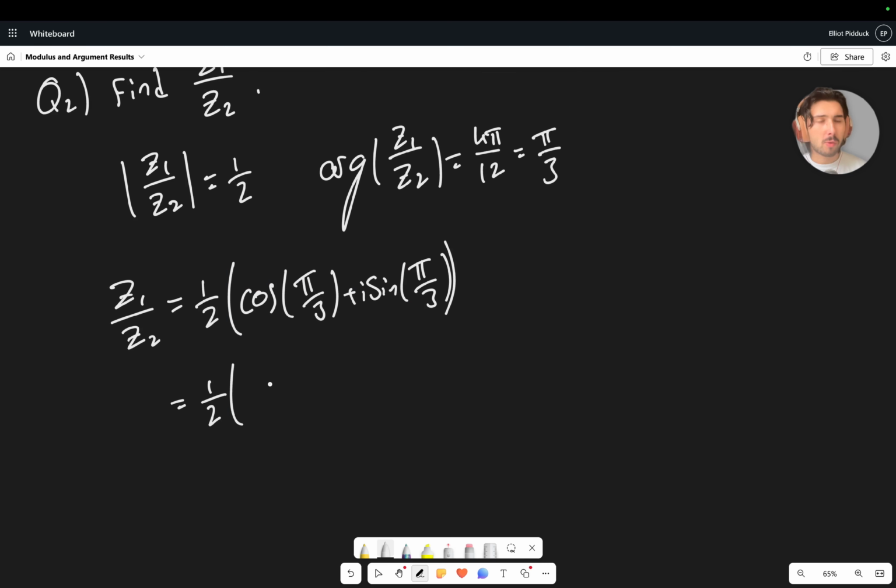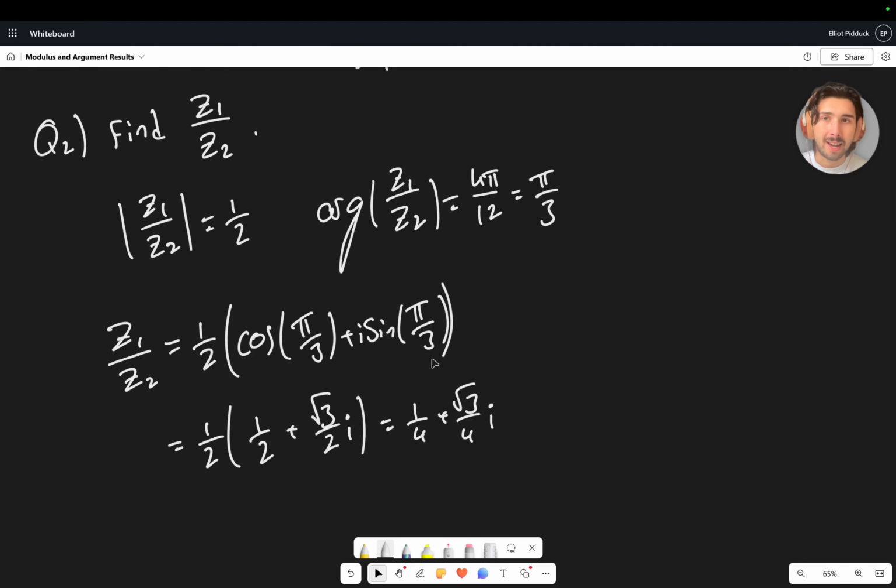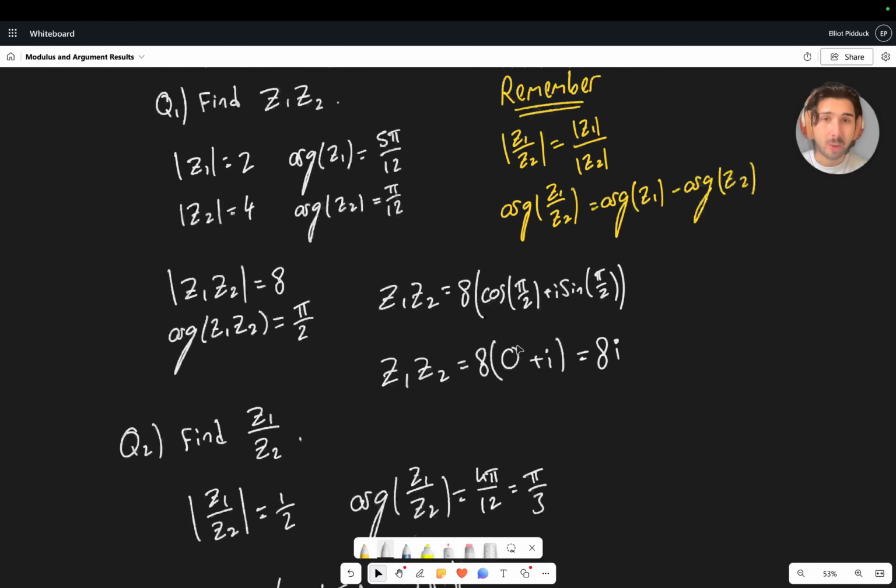Remember, pi over 3 in degrees is 60 degrees. Cos of 60 is a half, and sine of 60 is root 3 over 2. So we get this, and you can expand this out if you want, and you can get a quarter plus root 3 over 4 i. And so that is z1 divided by z2 in rectangular form or Cartesian form. Cool. So that's the idea, basically.